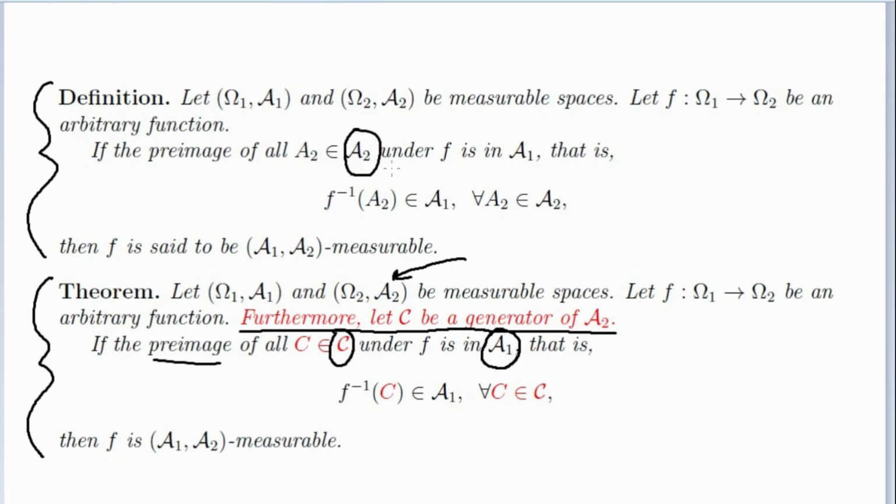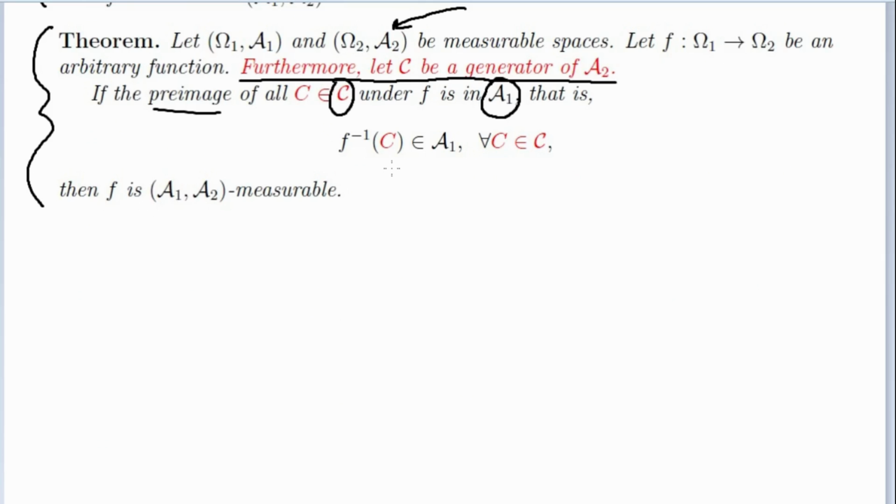Now let's briefly talk about what it means that C is a generator of A2.